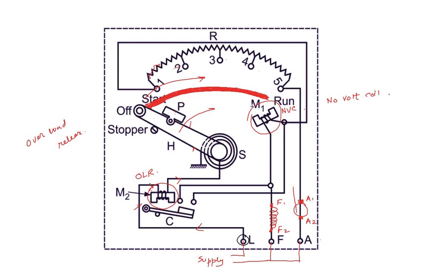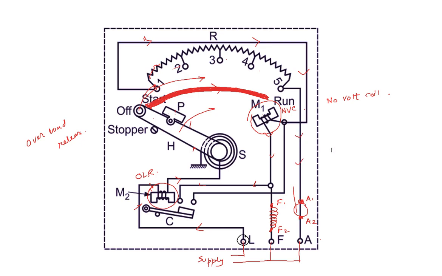Okay, that means the entire thing is connected through the field, and no current is flowing through the armature. Now when it starts, the current flows in this direction as well as through the armature winding also.